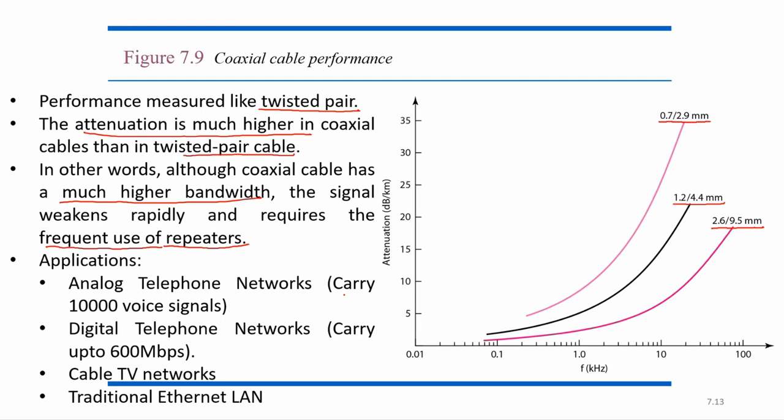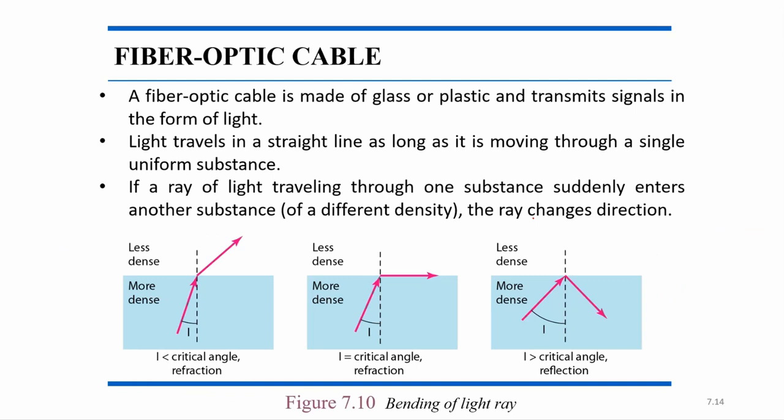It is used in telephones and in cable TV networks also. In analog telephone, it can carry 10,000 voice signals at a time, and in digital telephone networks, it can carry up to 600 Mbps of data. In traditional Ethernet LANs, coaxial cables were used, but nowadays fast LAN networks are used.